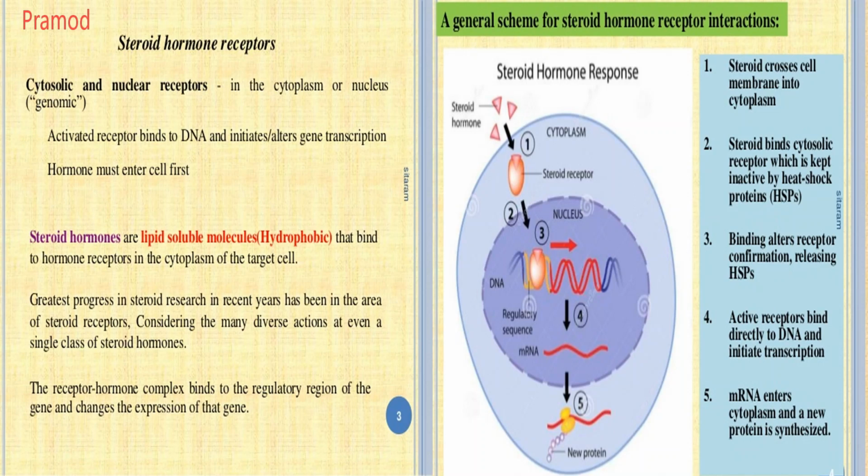The moment the receptor binds with the steroidal hormone, this changes the conformation of the heat shock protein, releasing it from the receptor. Once the heat shock proteins are released, the receptor becomes active and binds directly to the DNA and initiates transcription. This leads to formation of mRNA that enters the cytoplasm and gets converted into the required protein. Wherever it binds, that particular mRNA's protein will be synthesized.